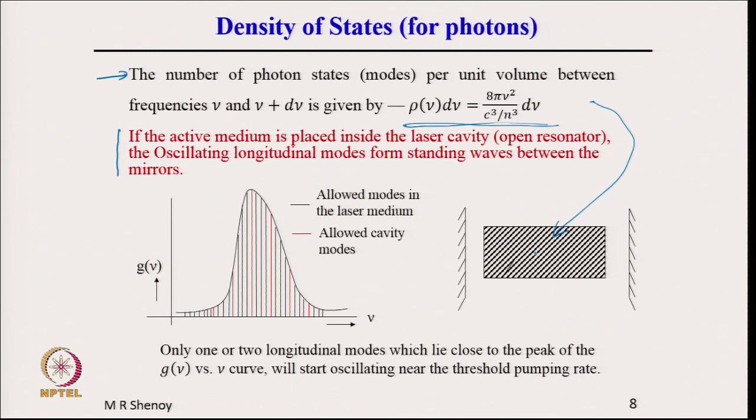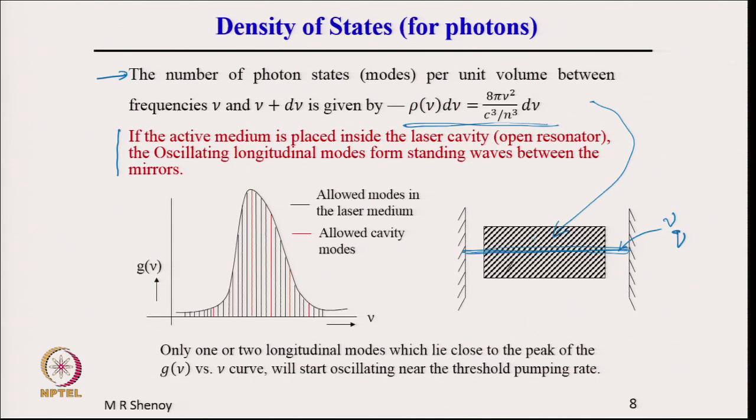When the medium is placed inside the resonator, there are longitudinal modes corresponding to the standing waves which are formed inside the resonator, and this frequency we have said is nu q. One particular frequency, we have assumed that there is only one longitudinal mode. These modes are determined by the cavity.